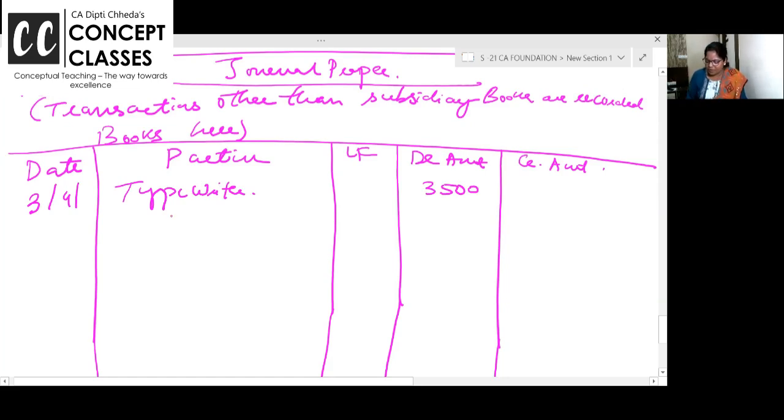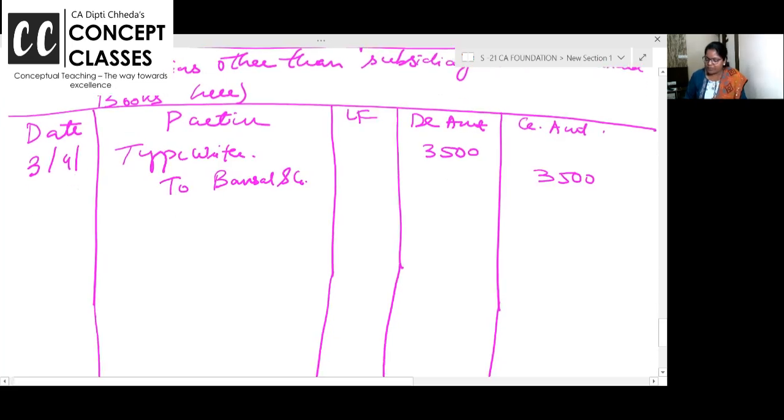Concept is important. Typewriter account debit to Bansal and Co. Asset, what's the nature of asset? Real. Debit, what comes in? Bansal personal account. Credit the giver. Being 2 typewriter purchased.